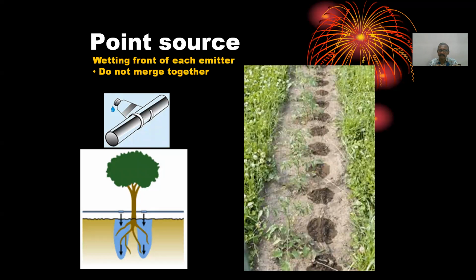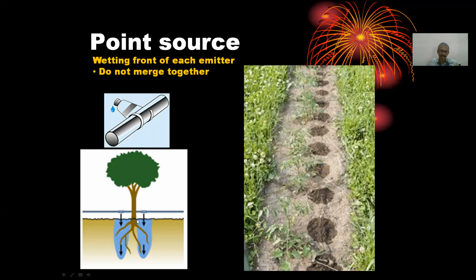In the drip irrigation pipes, you have drippers attached to them. When drippers are operated, you get wetted zones. You see here wetted zones with each dripper. If all these wetted zones do not merge together and they are too far apart, then those kinds of systems are called point source drip irrigation systems.